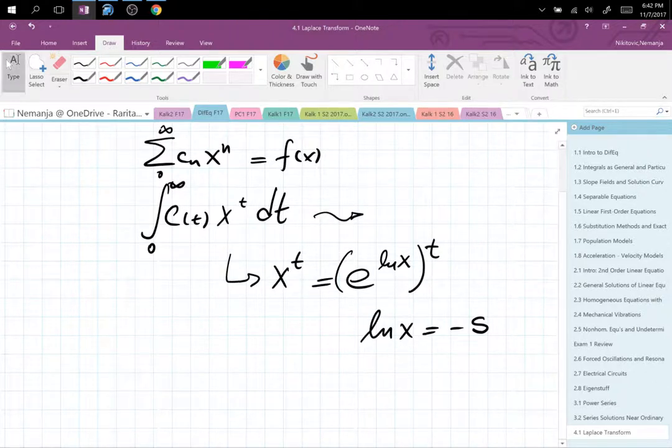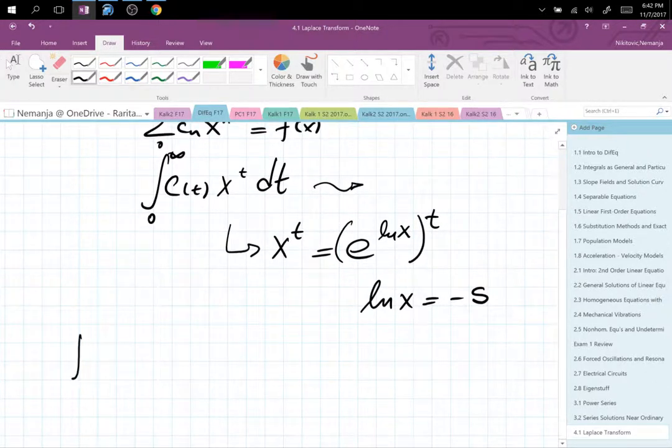So now, what do I have when I put all of this together? I have 0 to infinity, c of t stays c of t, and instead of x to the t, I get to put e to the negative st dt. And now, you want to integrate this.